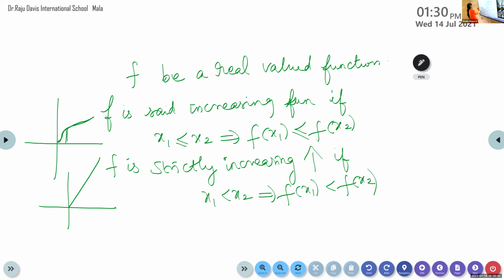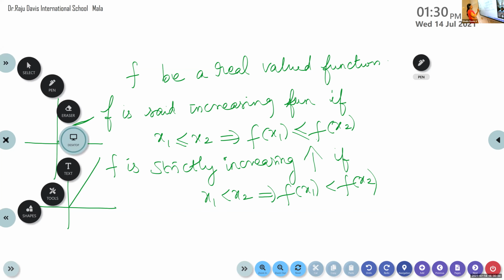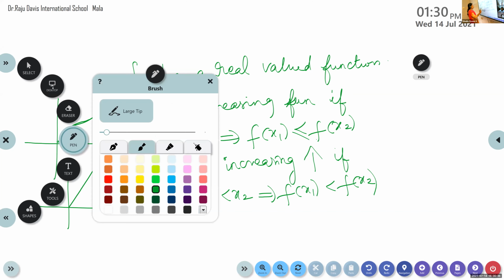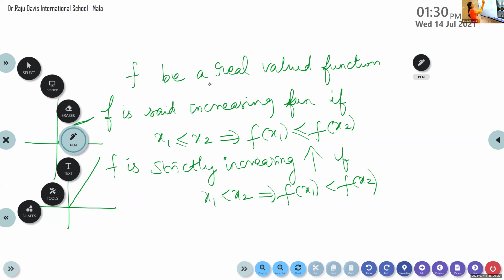What about decreasing? x will be increasing, but correspondingly f of x value should decrease, isn't it? As x increases, f of x value should decrease.